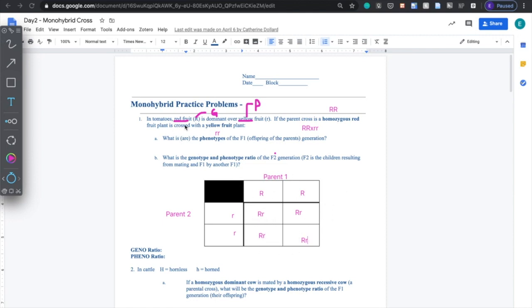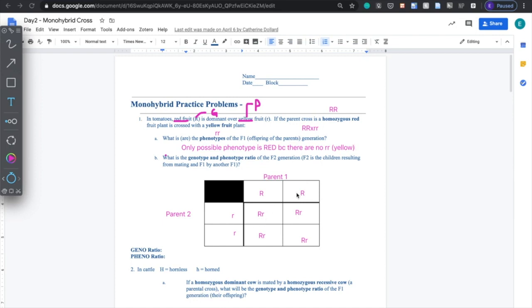So the phenotypes of the F1 offspring of the parent generation, it's all going to be capital R. The only possible phenotype, because it's heterozygous, is red, right? Because when something's heterozygous, the dominant trait is overriding. So if there's only heterozygous, then there's only going to be red. There's no yellow, it's only red, because that capital R is overriding the lowercase r.